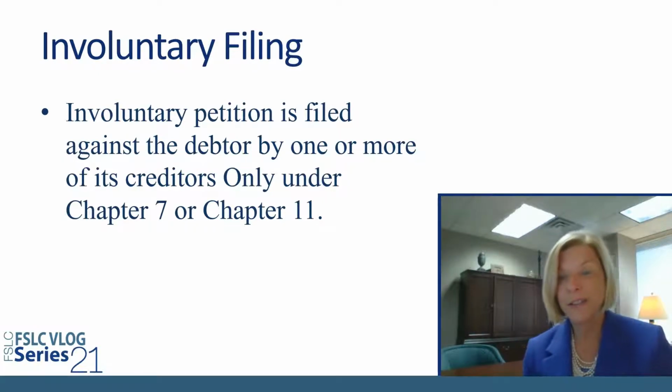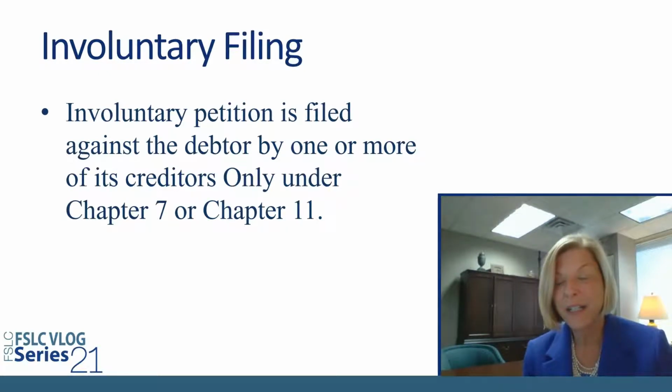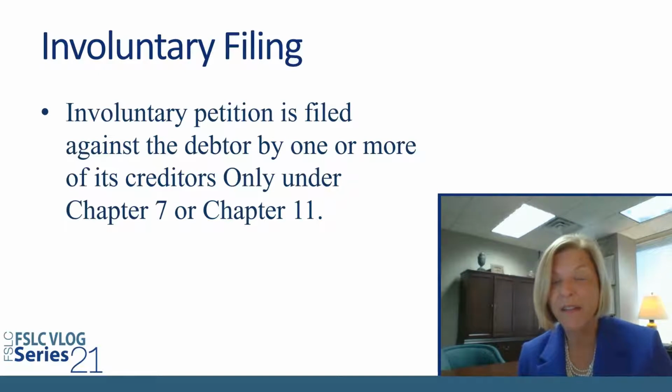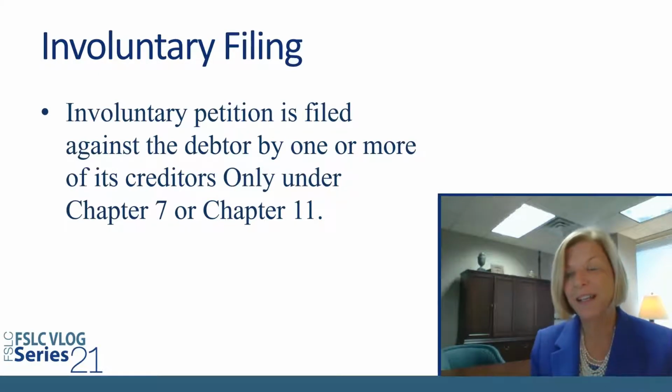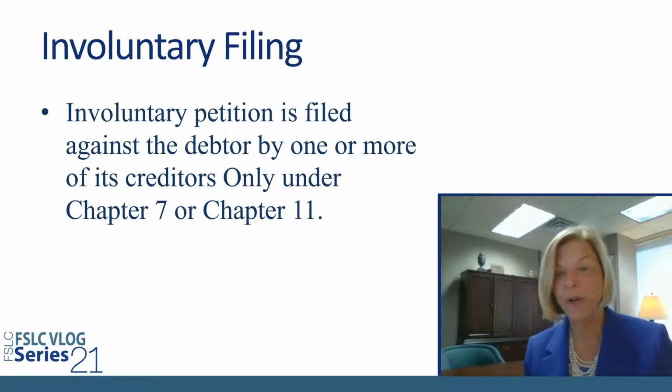Or creditors of the company or the individual can file an involuntary bankruptcy. And creditors can only file an involuntary bankruptcy under Chapter 7 of the Bankruptcy Code or Chapter 11. They can only file what we call a straight bankruptcy or a reorganization by filing an involuntary petition.